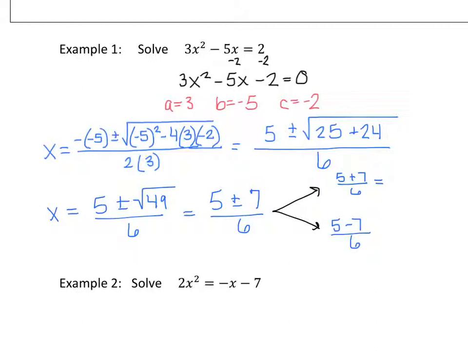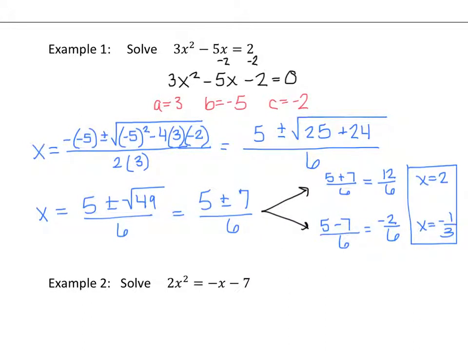What's 5 plus 7? It's 2, so x equals 2. On the other one, what is 5 minus 7? What's negative 2 over 6 reduced? Negative 1 over 3. There are your answers, 2 and negative 1 over 3. Those are the x-intercepts, or we can also call them the zeros or the roots of that quadratic equation.